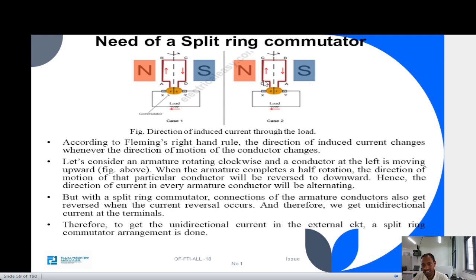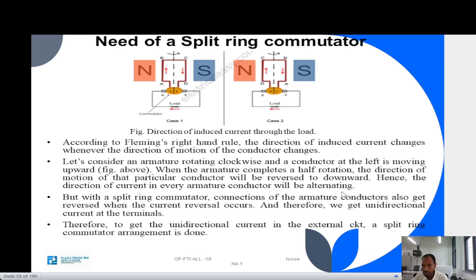Now the CD segment is going to be under north and the AB segment is going to be under south. And if you see the direction of the current, it was moving from A to B in this case. Now it is moving from B to A in this case. But the segment is still the same, F. F is going to connect to this.